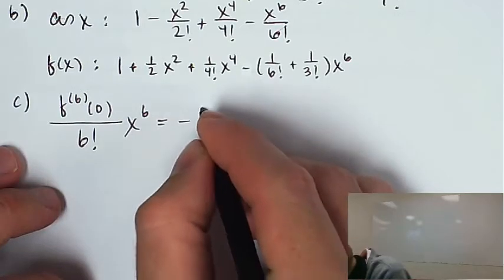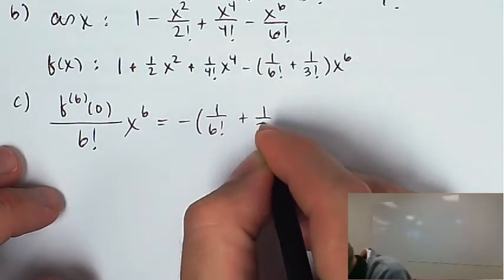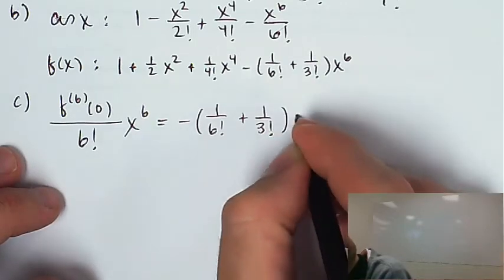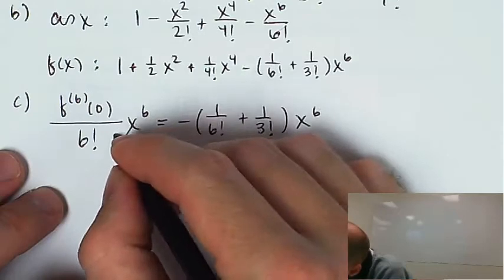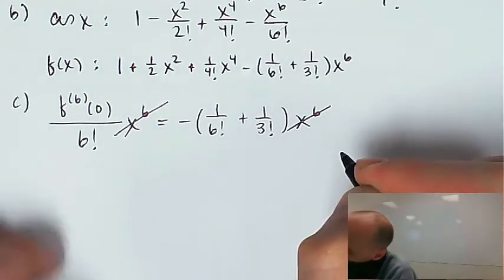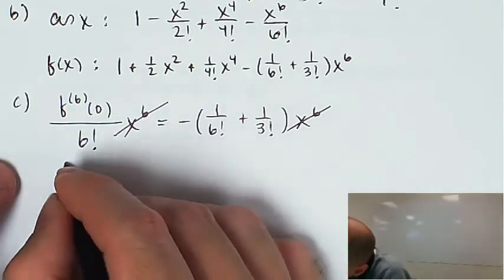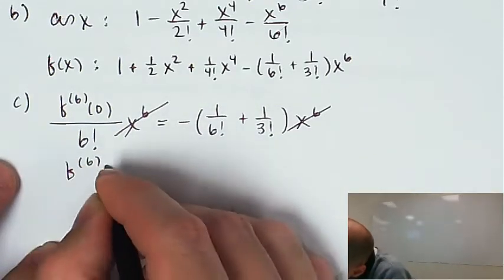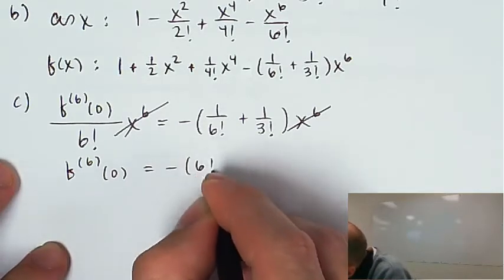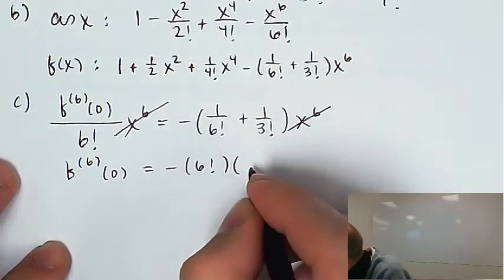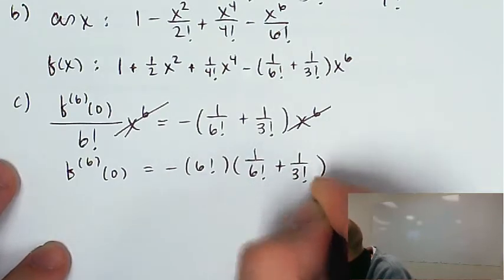So that's the negative of 1 over 6 factorial plus 1 over 3 factorial, times x to the 6th. So we can solve for this thing. We're going to start by dividing both sides by x to the 6th, then multiplying both sides by 6 factorial. And I'll say f's sixth derivative at x equals 0 is the negative of 6 factorial multiplied by 1 over 6 factorial plus 1 over 3 factorial.